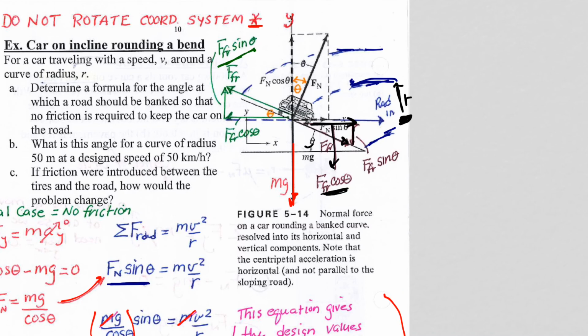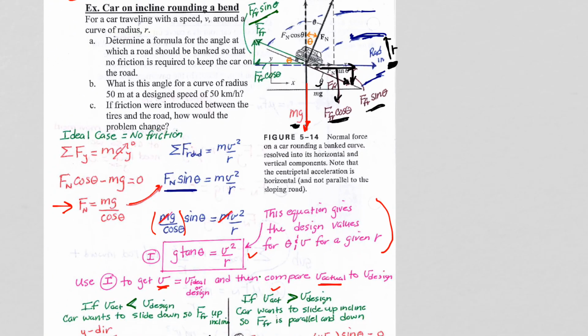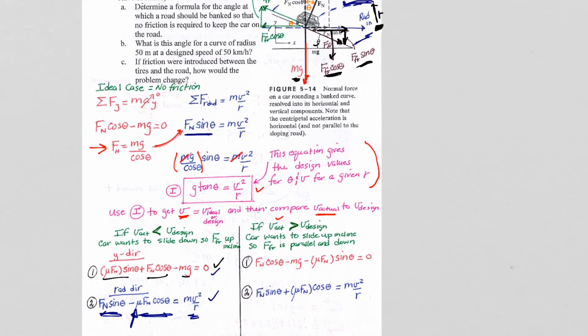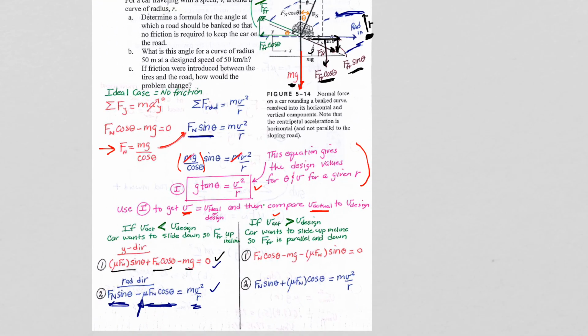We have a frictional force sine theta now, pushing straight down with mg. So now I'm going to add and subtract the forces just like we did in the too slow case to get the sum of the forces in the y direction equals 0 and the sum of the forces in the radial direction equals mv squared on r.